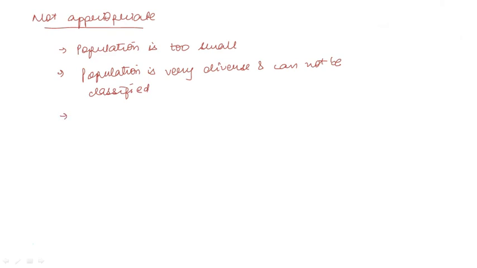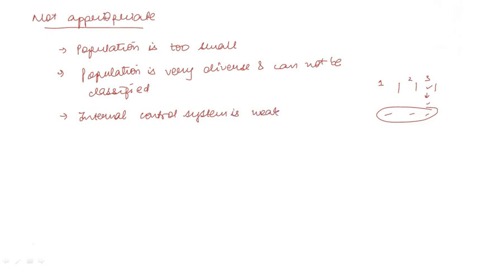When it comes to samples, we make a classification that this is group 1, group 2, group 3. Then samples are taken. If you take all the samples from group 3, you will give the result for 3 only. If you take samples from 1, 2, 3, you will give a result for 1, 2, 3. Population is very diverse. When the internal control system is weak and unreliable.